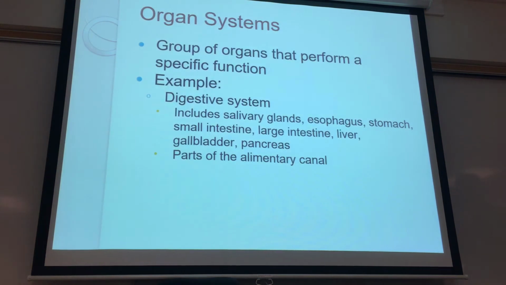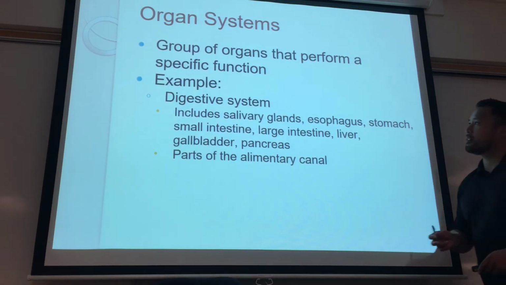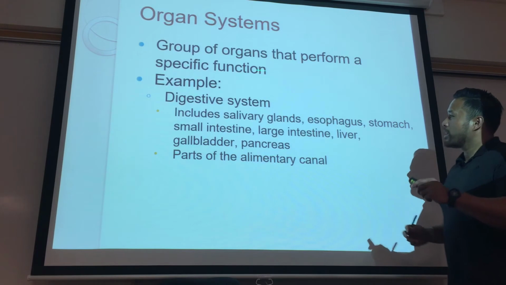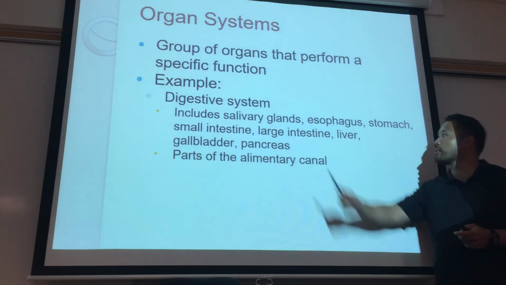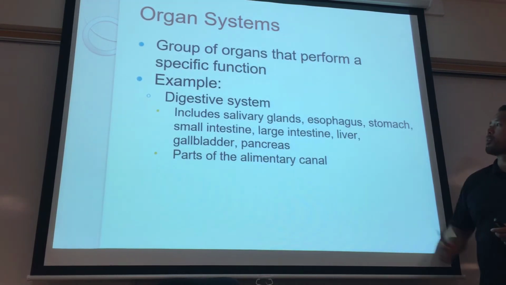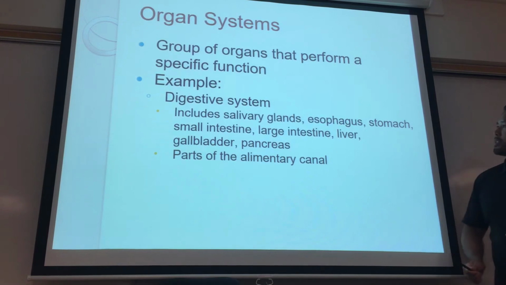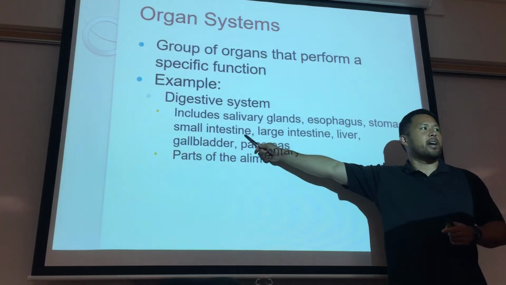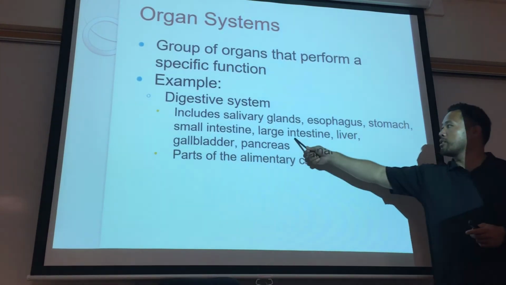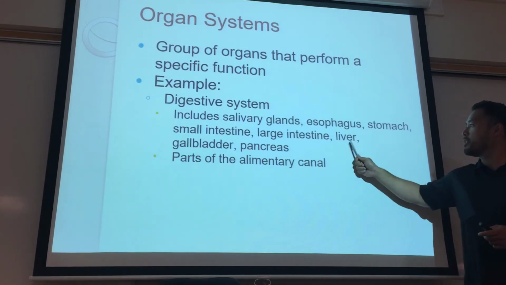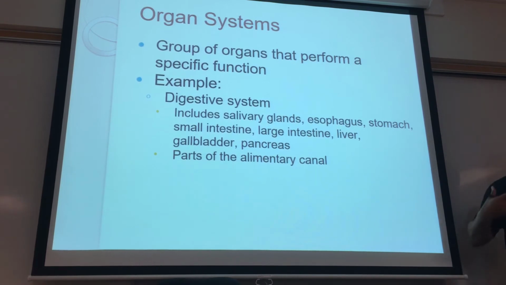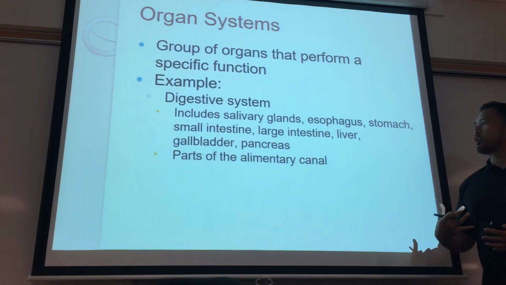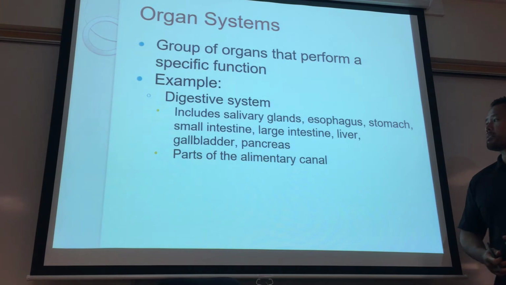So now that you see the stomach digesting, you'll see all the other organs that come together as part of that organ system, specifically the digestive system, that all work together. So the salivary glands for the production of saliva, the esophagus for sending the food from the mouth down to the stomach, small intestine for continued digestion and absorption, large intestine for absorption, liver, gallbladder, pancreas for the production of the other constituents that contribute to the digestion and absorption of our nutrients.